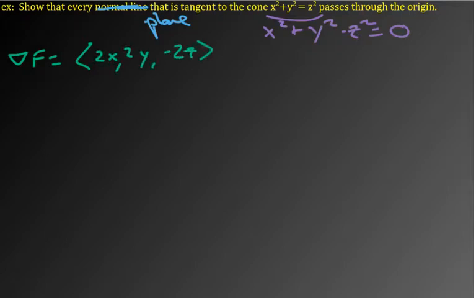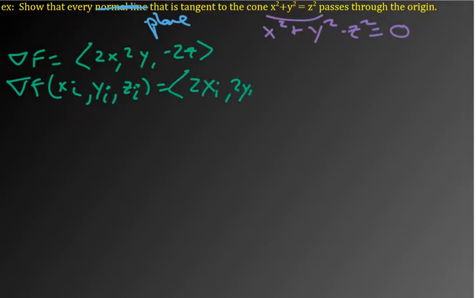And it's an arbitrary point again, so I'm going to do an arbitrary x sub I, y sub I, z sub I, and then you would just pop in x sub I, y sub I, z sub I.